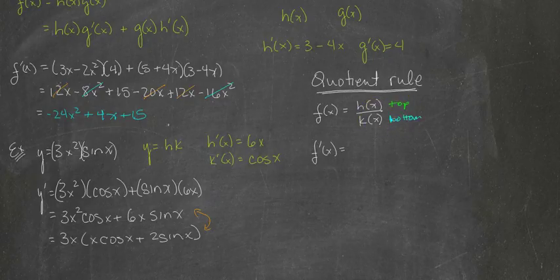So we want the derivative of the top, so that's h prime of x, times the bottom as is, k of x, minus the derivative of the bottom times the top as is, all over the bottom squared.